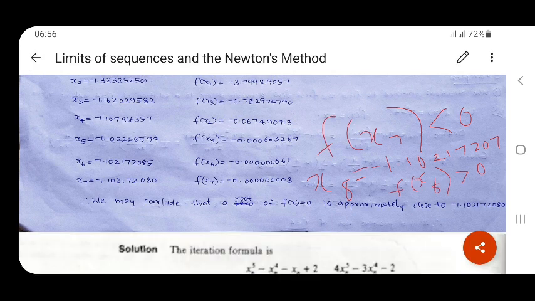So between x7 and x8 the sign of f of x changes. Therefore, by the intermediate value theorem, there is a root between x7 and x8. If the question is to locate the root, it is lying between x7 and x8, and it is approximately close to x7 or x8, it doesn't matter.